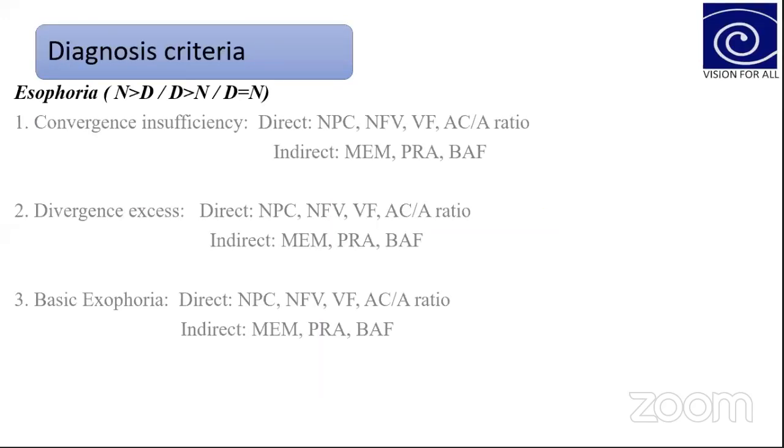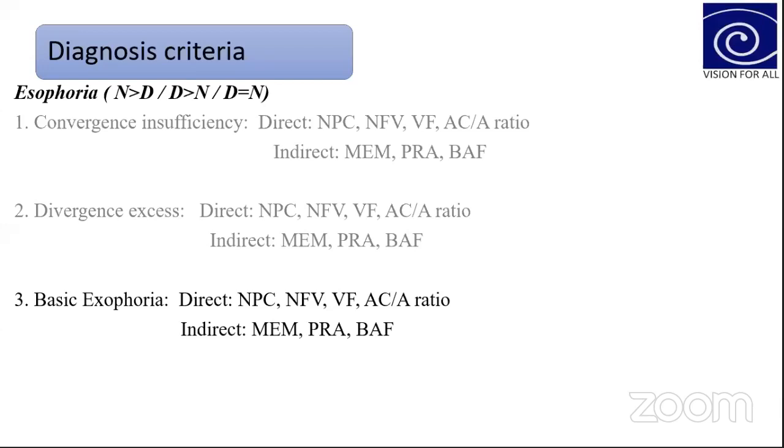So next we have divergence insufficiency and basic exophoria, as I said with the previous diagnostic criteria. For the basic exophoria and the divergence insufficiency, the near point of convergence will not be affected, and the monocular estimate method will not be affected.